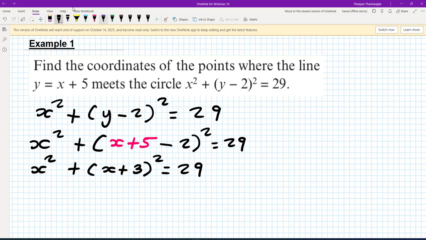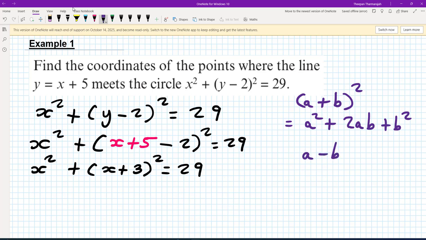Now previously in other videos I've stated that there's a well-known identity at GCSE that you would have been taught. (a plus b) all squared is a squared plus 2ab plus b squared, and the other one would be (a minus b) all squared is going to be a squared minus 2ab plus b squared.